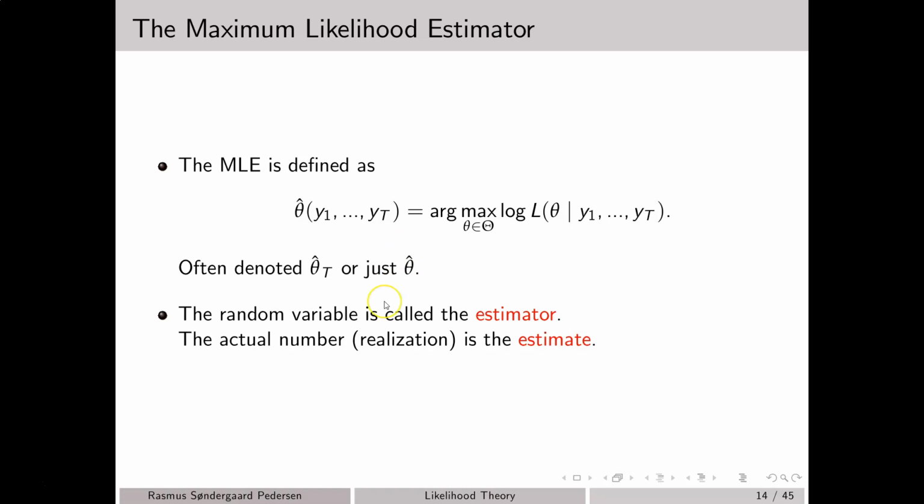Note here, if we consider the variables y1 up to y capital T as random, then theta hat is the maximum likelihood estimator. But if we consider y1 up to y capital T as data points that are realizations of the stochastic process, then we think of theta hat as an estimate.